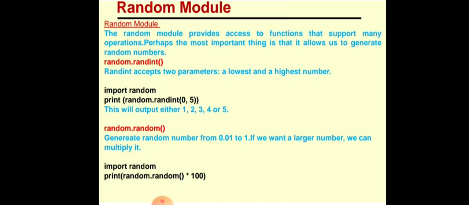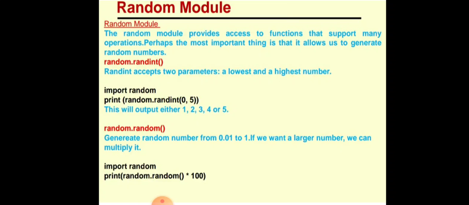The various functions we use in this are random.randint, which accepts two parameters, a lower bound and an upper bound. Suppose we want to generate random numbers between 0 and 5, and this function gives an integer value. So we use random.randint, with the lower value 0 and the highest value 5.